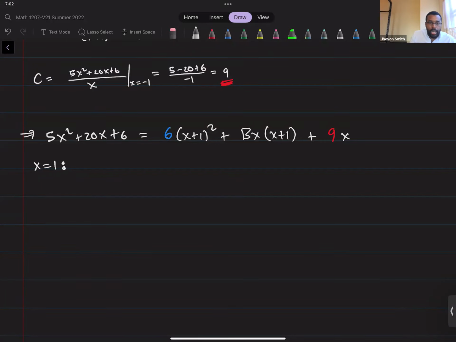Then the left side is going to be 5 plus 20 plus 6. This is going to be 6 times 4. This is going to be 2b. This is going to be 9.